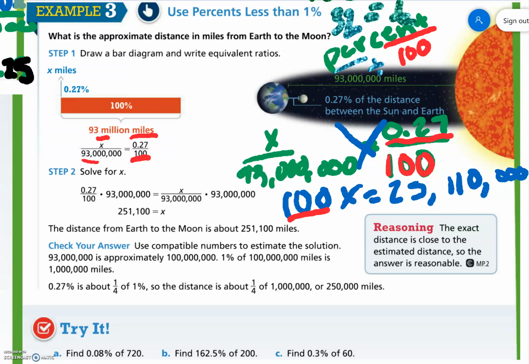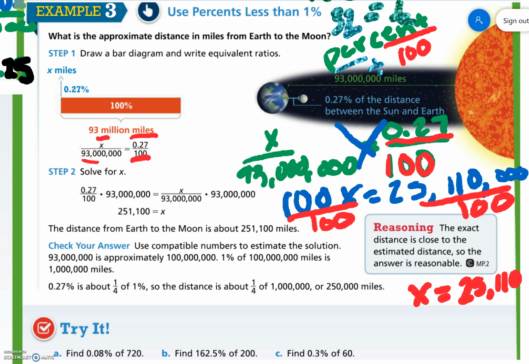Last step is to divide by 100, and you will get x equals 251,100. Oh, no, silly me, again. Classic. See how that check didn't work? All right, let me try my math again. Divide by 100 should give me 251,100.